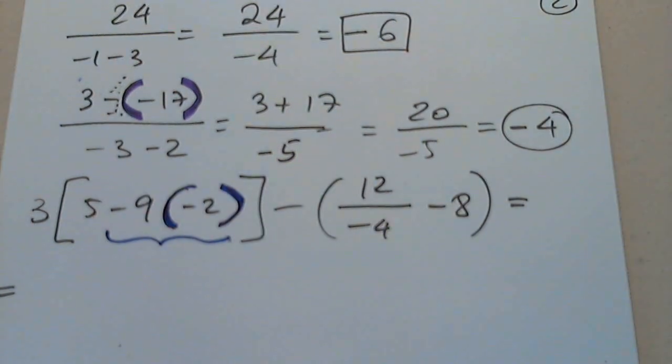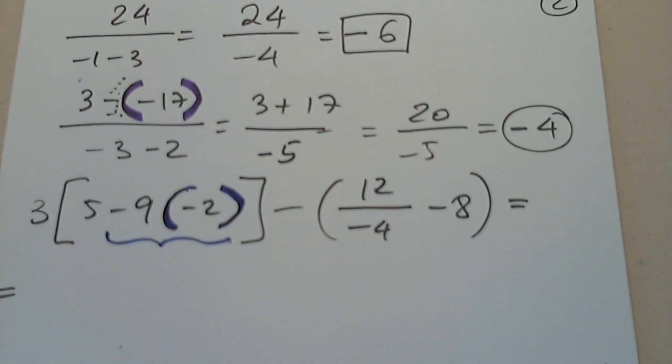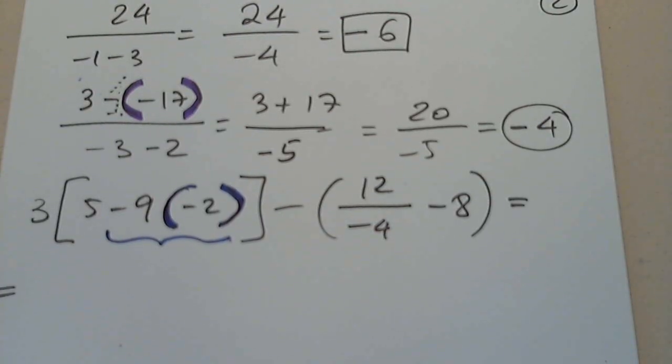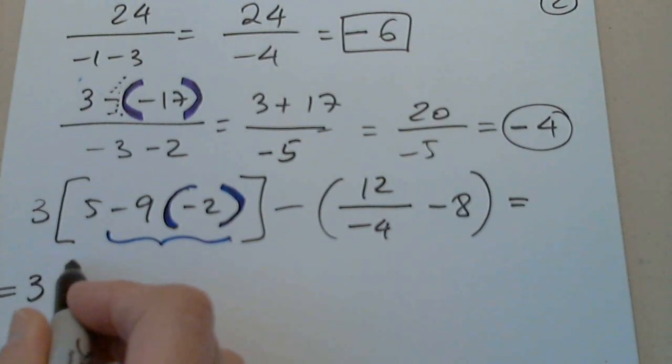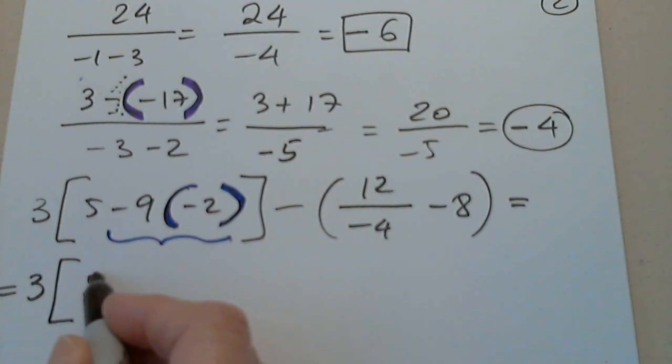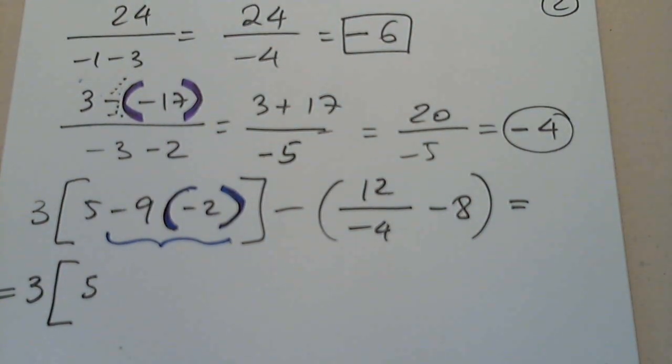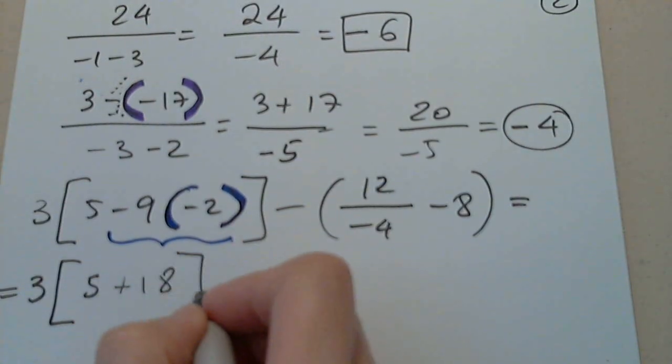It's only used to separate the multiplication symbol from the subtraction symbol. Good, so that is indeed a starting point. So I copy the 3, I copy the bracket, and I copy 5. Now I stop and I perform negative 9 times negative 2. What do I get? Plus 18. Excellent. And close the bracket.